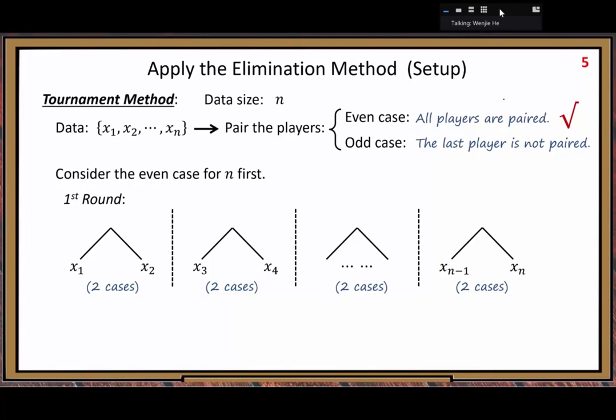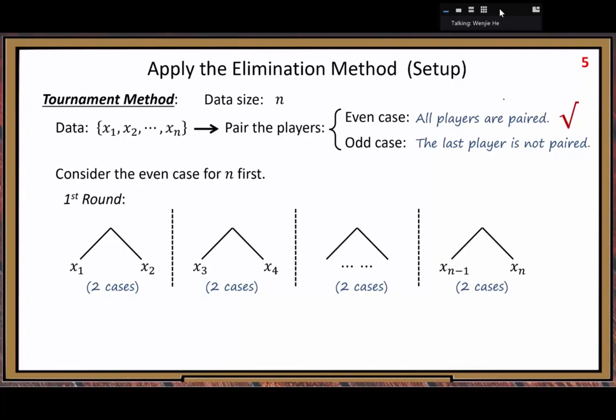N must be an even integer. So N over 2, that's the number of pairs.